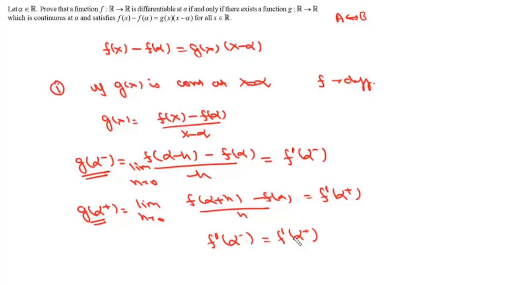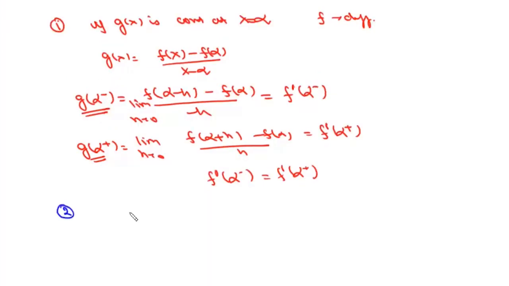Now we are going to prove it the other way around. Now we know that f is a differentiable function at alpha.